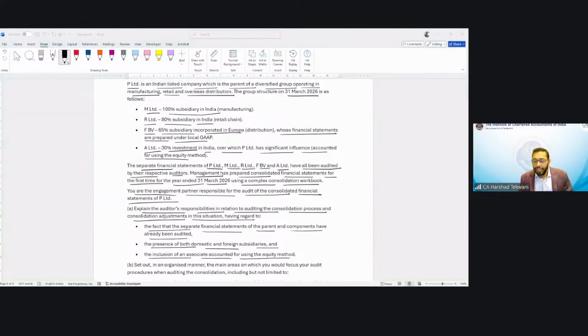So we will first focus on point A. Now you need to tell me the auditor's responsibility in relation to auditing the consolidation process and consolidation adjustments in this given scenario. Quickly.